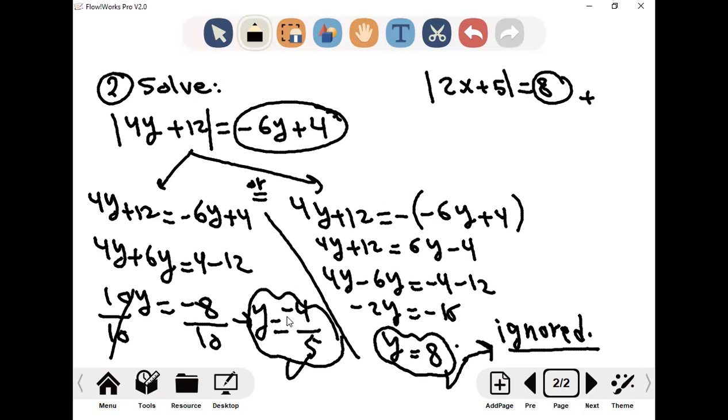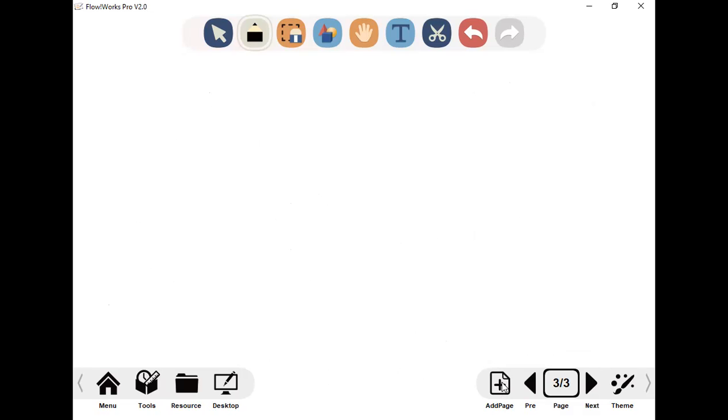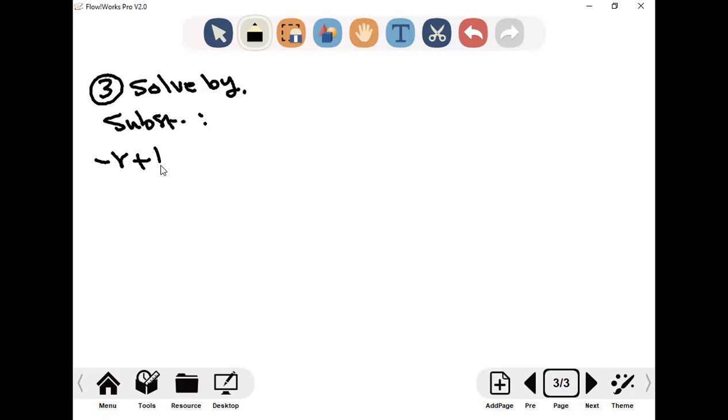طب let's solve by substitution. Negative r plus t equal 5.